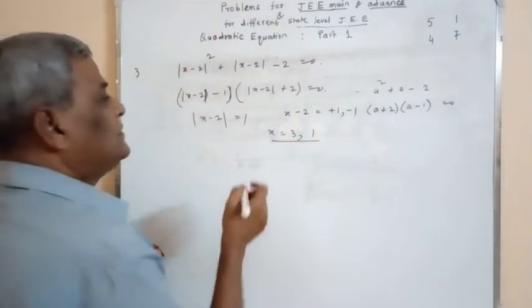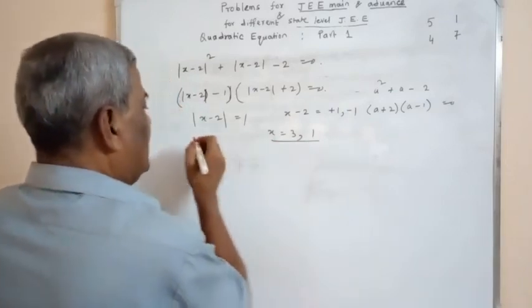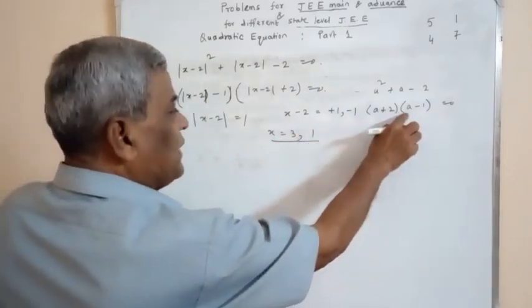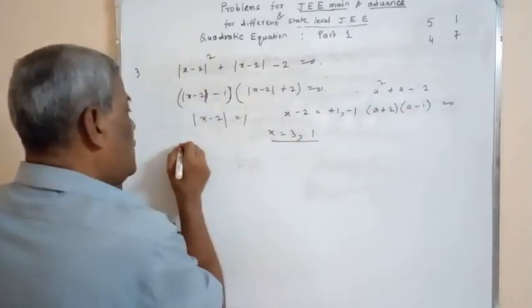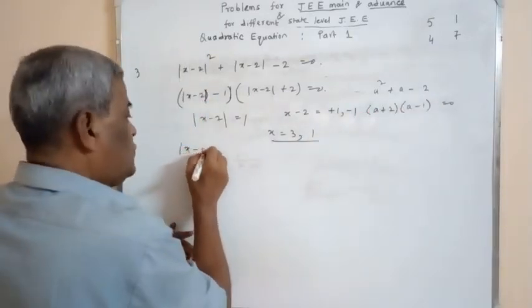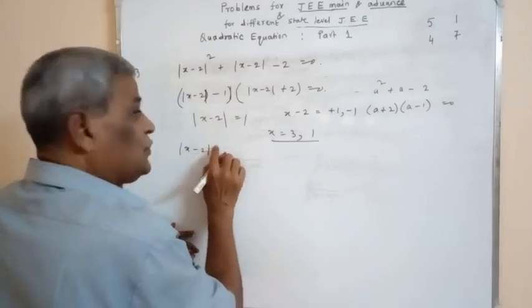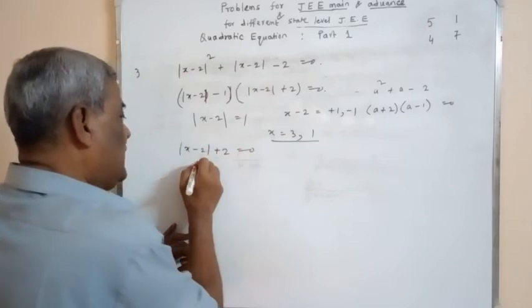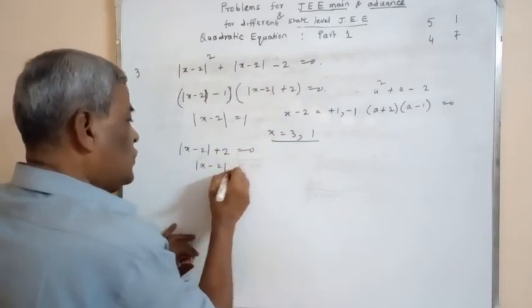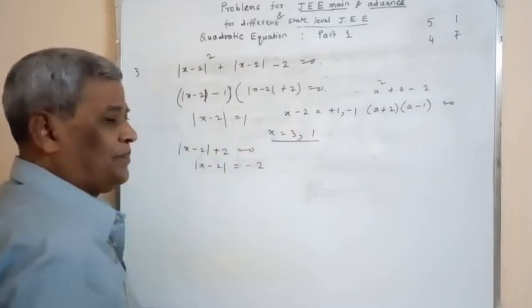Or we have another option, that mod of x minus 2 plus 2 is equal to 0. That is, mod of x minus 2 is equal to minus 2.